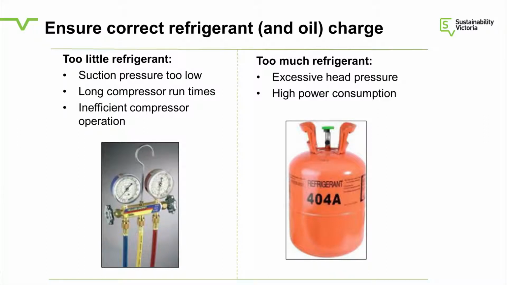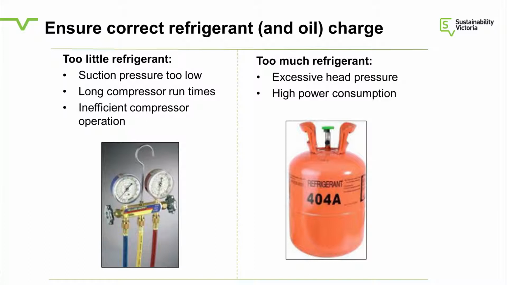Too little refrigerant means that you're essentially starving your evaporator because there's not enough refrigerant going around to fill it, which means your compressor has to run at a lower temperature and lower suction pressure to keep the capacity up so that your room can stay cold. Your compressor has to run for longer times because only half the evaporator is doing any cooling. And your compressor runs less efficiently because it's now running at a lower pressure.